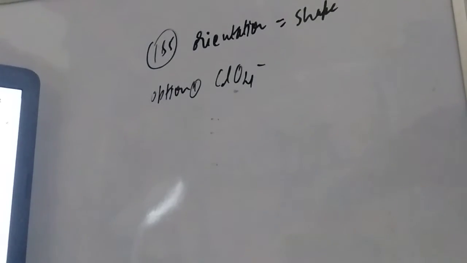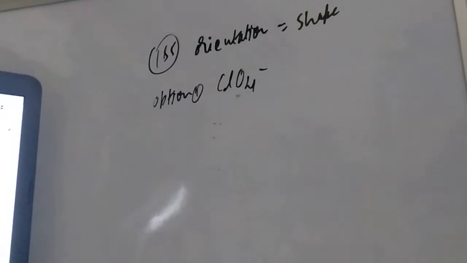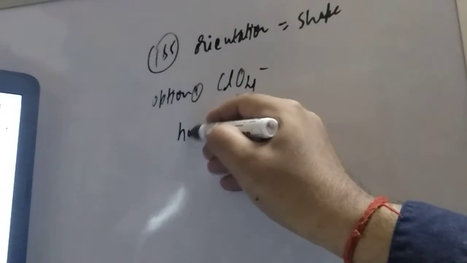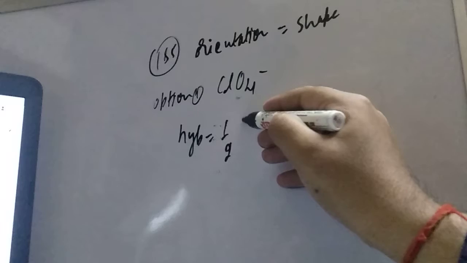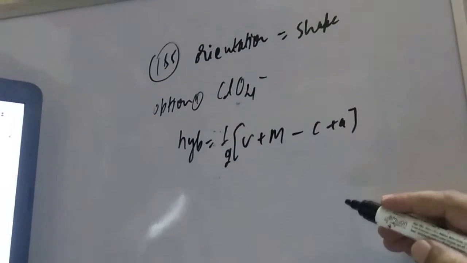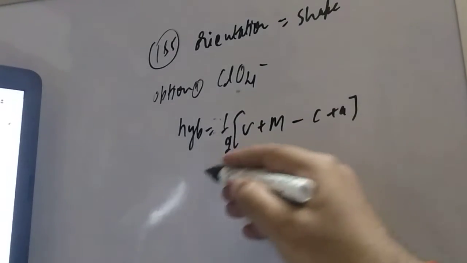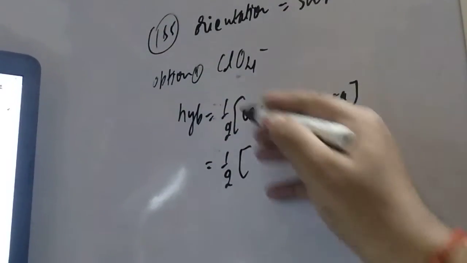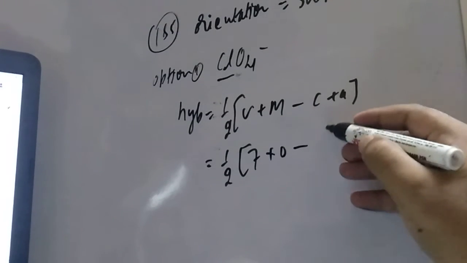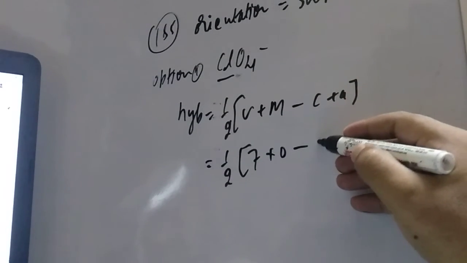In the case of ClO4 minus, we have to check the total number of electron pairs or bond pairs. Firstly, for hybridization, it is 1/2 of (V plus M minus C plus A). How many valence electrons are there? 1/2. The number of valence electrons of chlorine is 7. Monovalent is 0 because oxygen is divalent. Cation is 0, anion is 1.